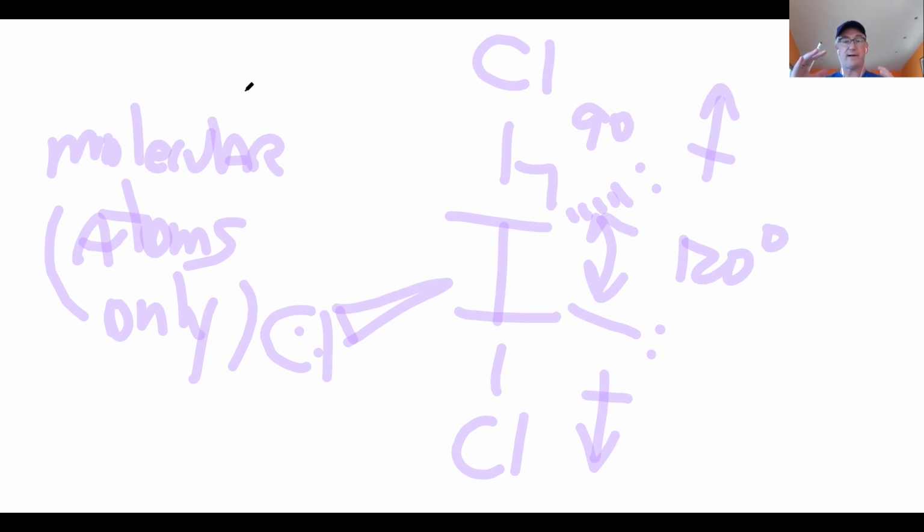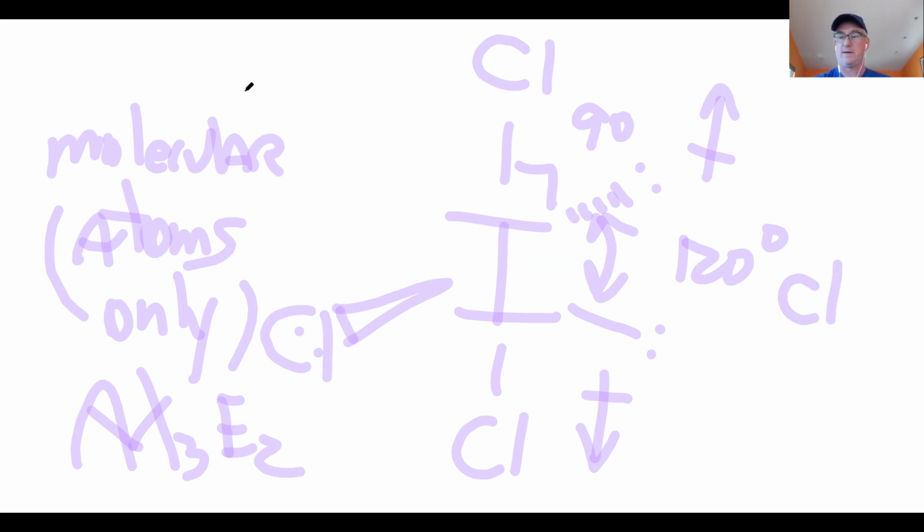Then you would have the T shape, because then you'd have X3E2, and that would be T shaped. So you'd have chlorine, iodine, chlorine, chlorine. That would be a T-shaped molecule, and it would no longer be symmetrical. So it's the position of the lone pairs that makes it symmetrical.